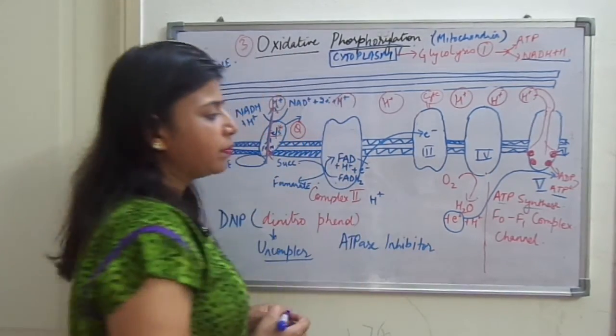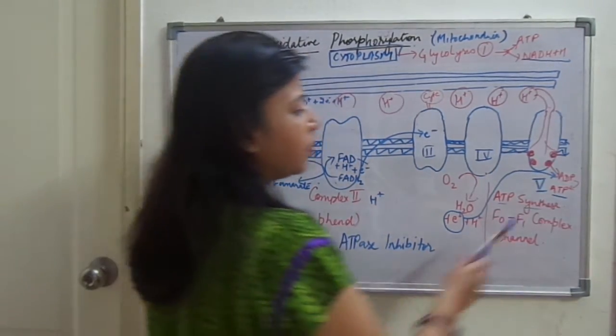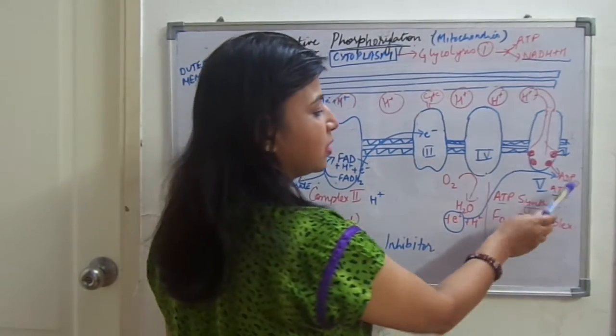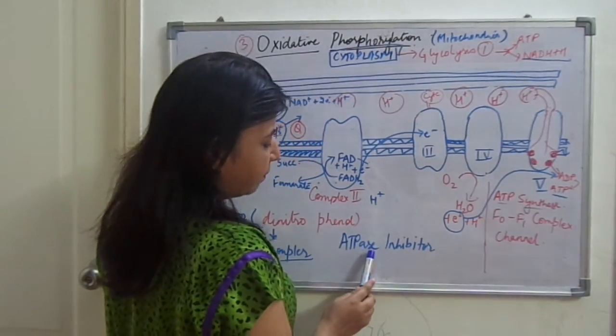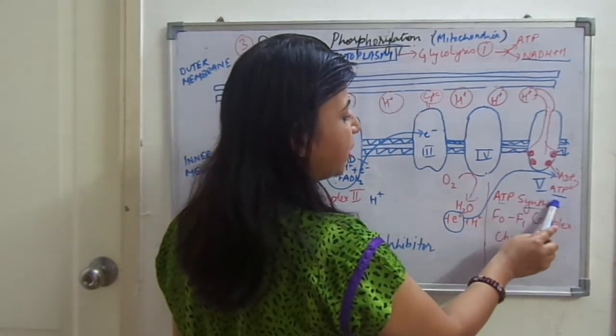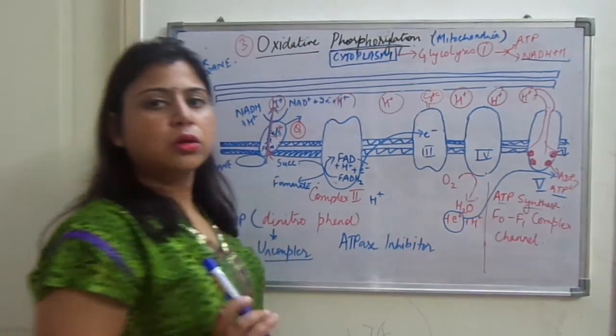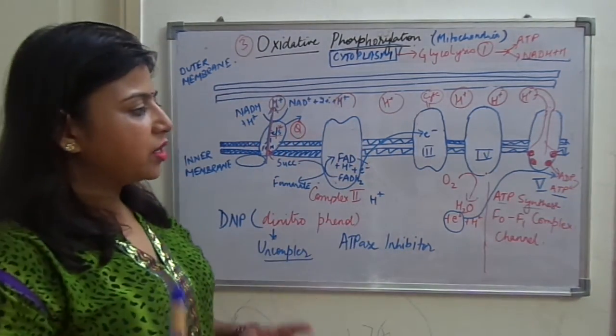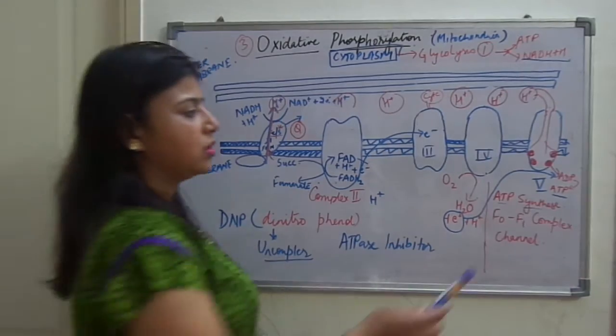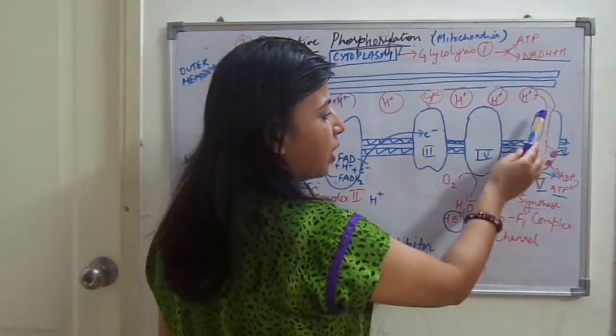If you add an ATPase inhibitor, then ADP is converted into ATP. That is the last step. If you add an ATPase inhibitor, it means this ATP is being produced but not being utilized. If ATP is not being utilized, there is going to be an excess of ATP out here.